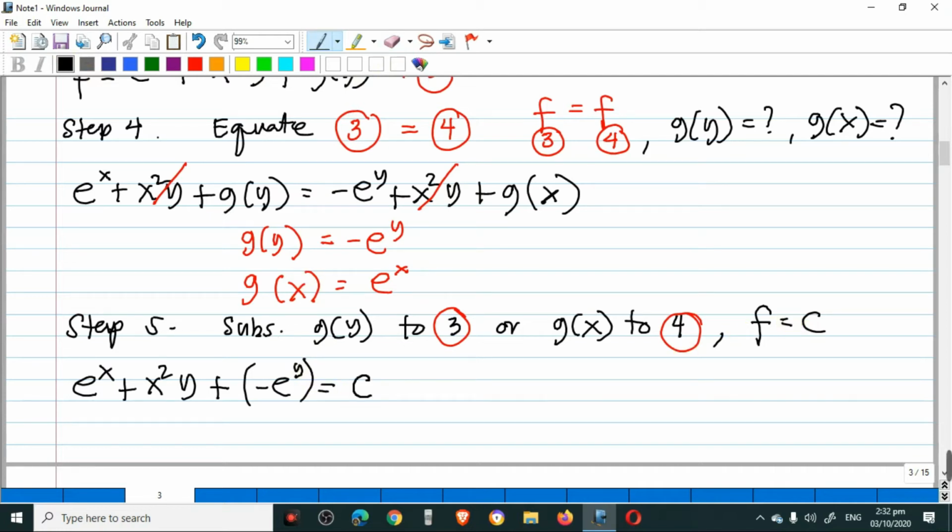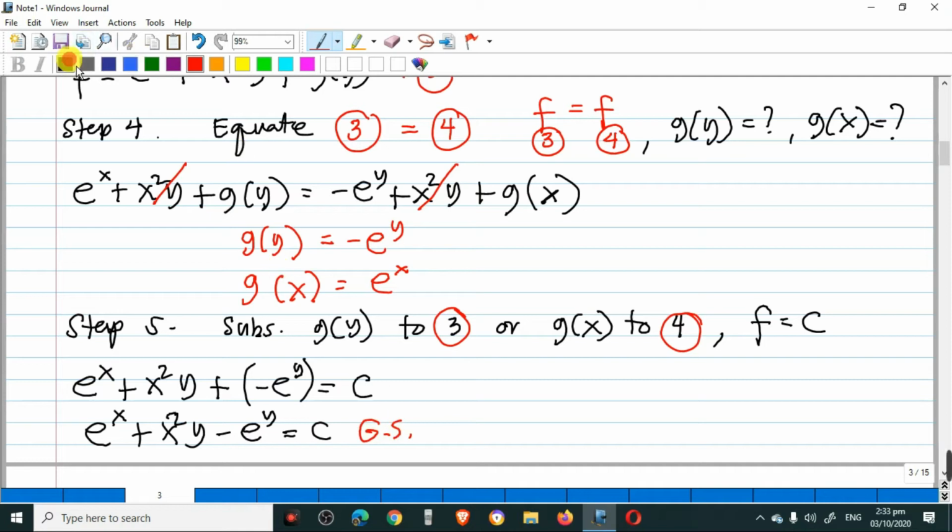O, ipalit mo na yung c. Then, simplify. Tanggalin na natin yung ating double sign. So, e raised to x plus x squared y. Positive times negative will be negative e raised to y. And this is equal to c. So, we have already our general solution.